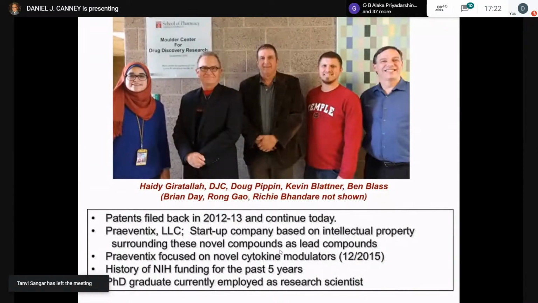Doug Pippin is the CEO of Preventix, that I mentioned here on the slide. It's a startup company based on intellectual property surrounding these compounds as leads. Kevin Blattner, right next to Doug, was actually a graduate student during the beginning of this work, and Kevin now works for Preventix.